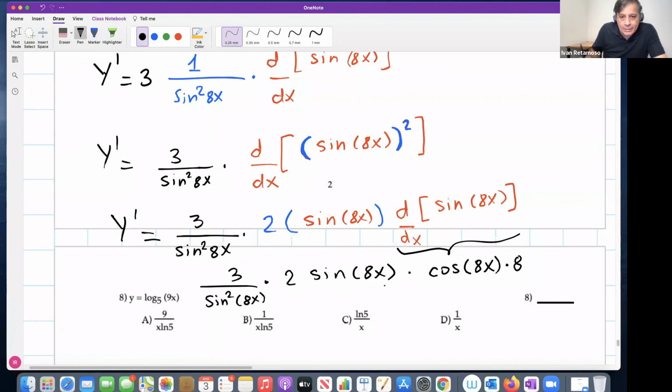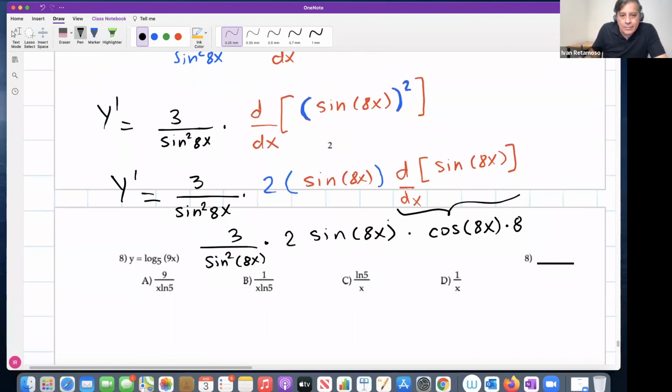So what will be left here? Well, this will be equal to y prime equal to what? Look, 3 times 2, 6. 6 times 8, 48, right? 48. One sine cancels, one sine stays. Cosine stays on the top. And remember, one of these guys stays on the bottom. Sine of 8x.